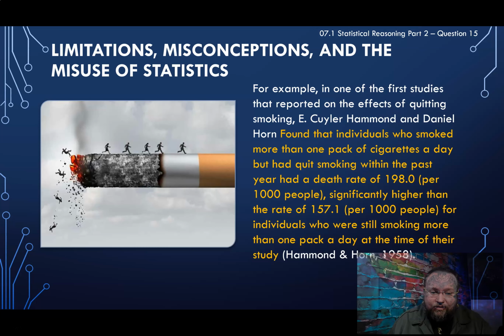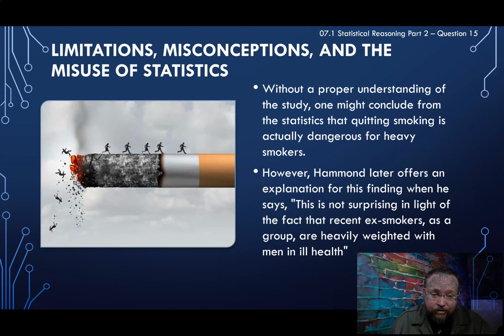Out of 1,000 people, if about 40 more are dying, then that has an impact. And those are compared to individuals who smoked a lot but just kept smoking. So the effect of being a heavy smoker beforehand and then stopping smoking, so does stopping smoking or not smoking relate to death?